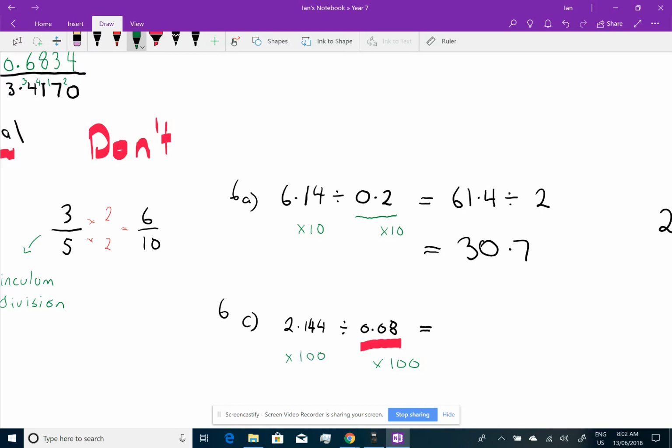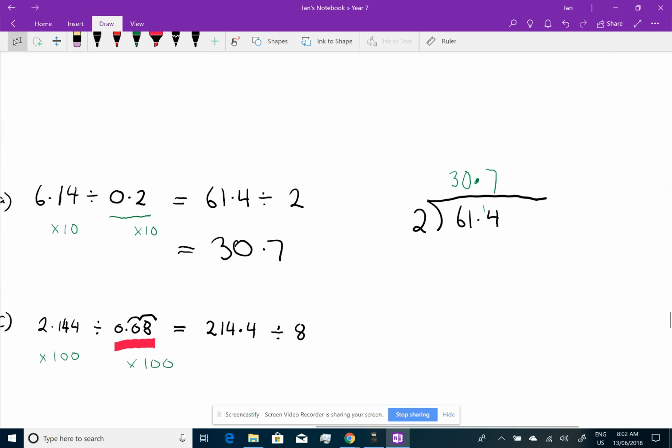Now remember, multiplying by a power of 10 just moves the decimal point. So this will become 214.4. I've moved the decimal point 2 spots. And this becomes 8.